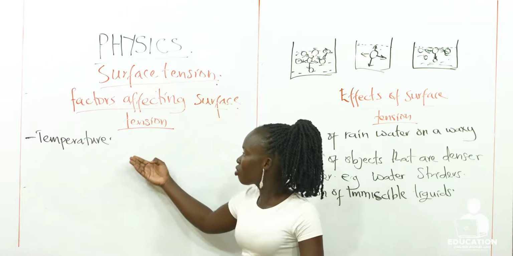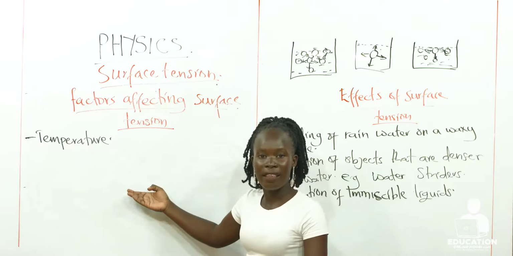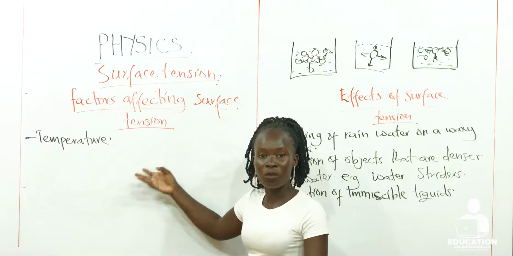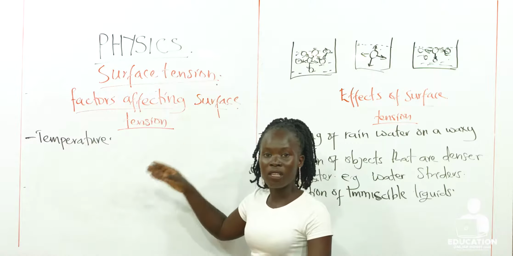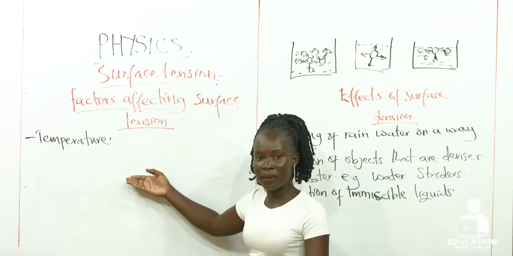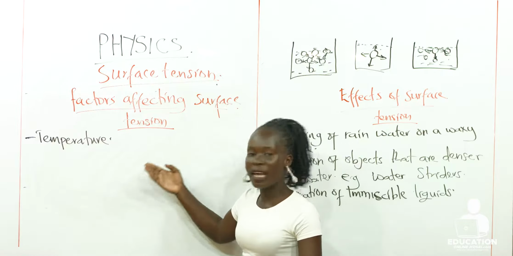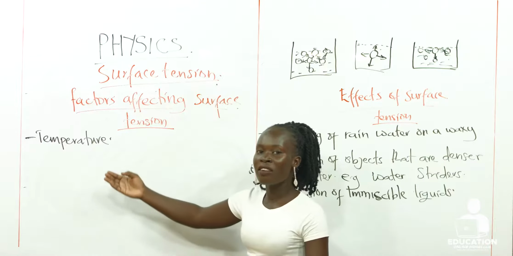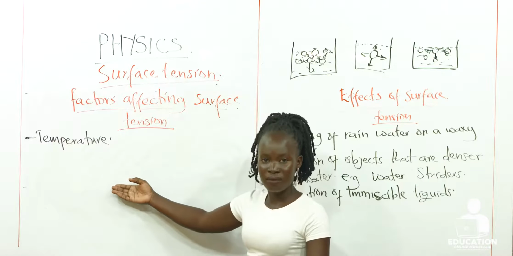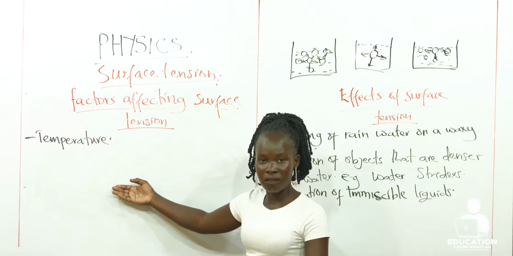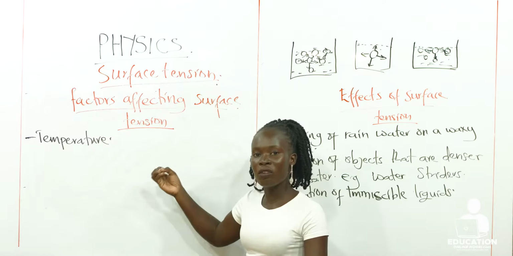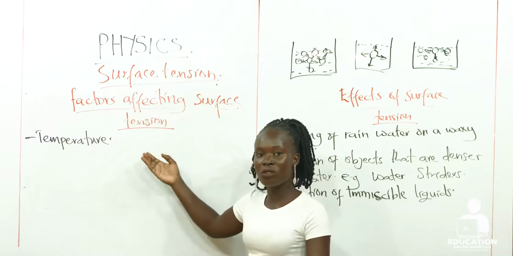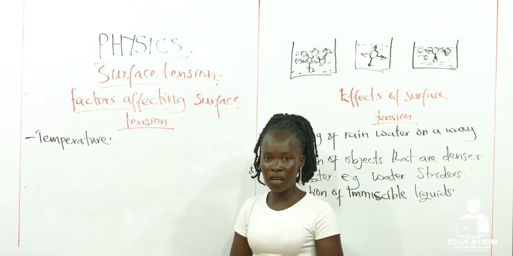When it reaches this critical temperature, you'll find out that the liquid tends to behave like a gas. Why? Because this liquid will start to change into water vapor. When it is turning into steam, it is more like a gas. So at critical temperature, the surface tension of the liquid vanishes, because the molecules of the liquid behave similarly to those of gas molecules.